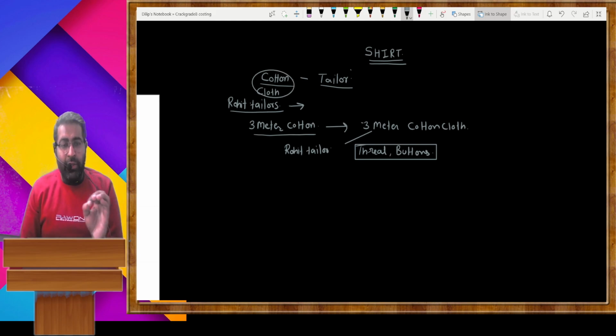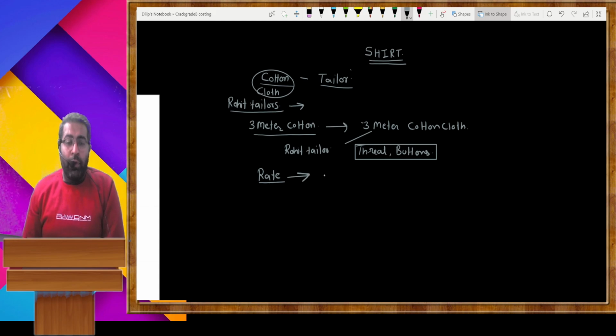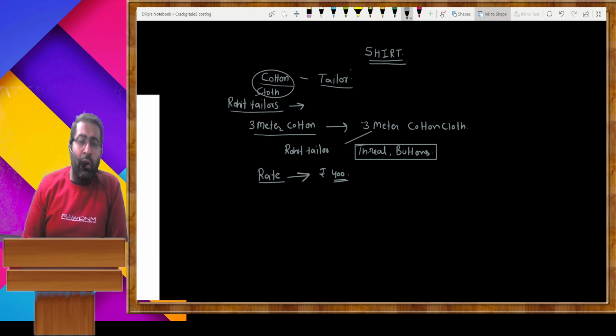So you ask the tailor, what is the rate of a shirt? He replies that stitching charges are around 400. So you ask him that only cloth is not enough, there is a need of thread also.